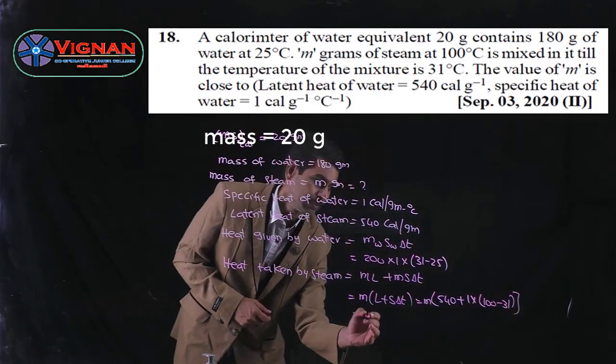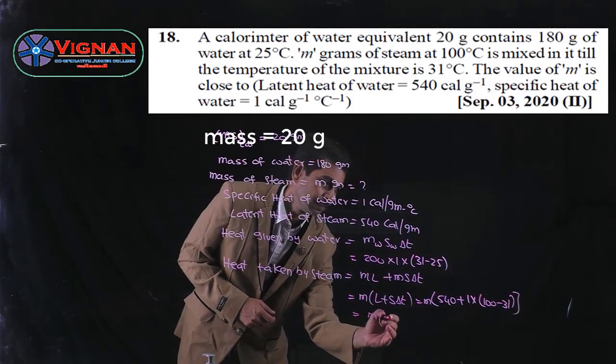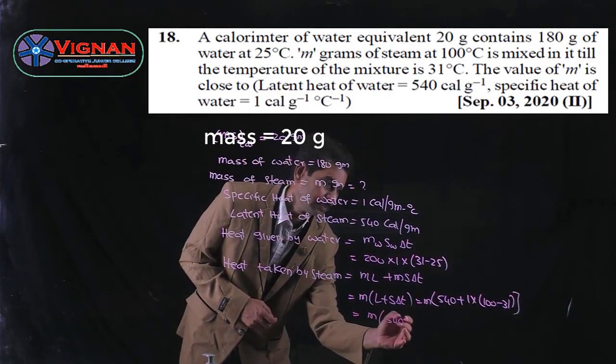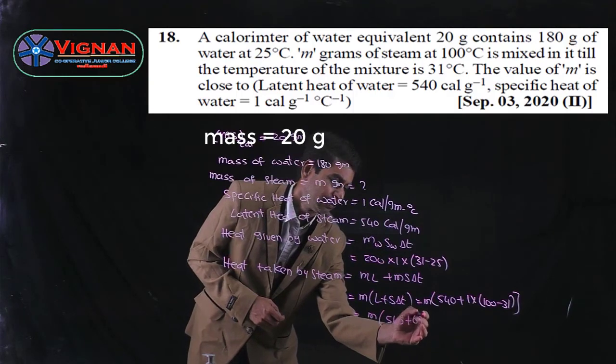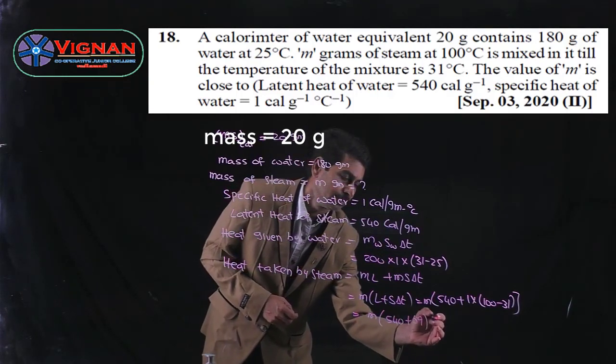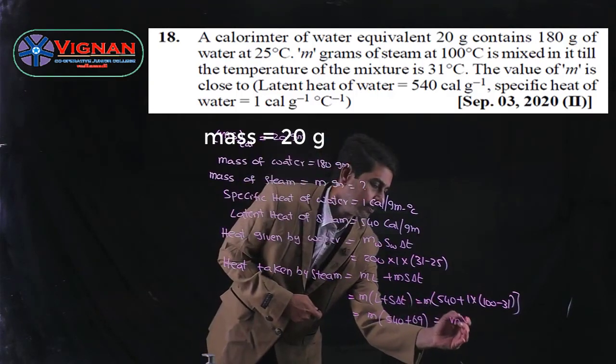This is nothing but m into 540 plus 69. This is equal to m into 609.